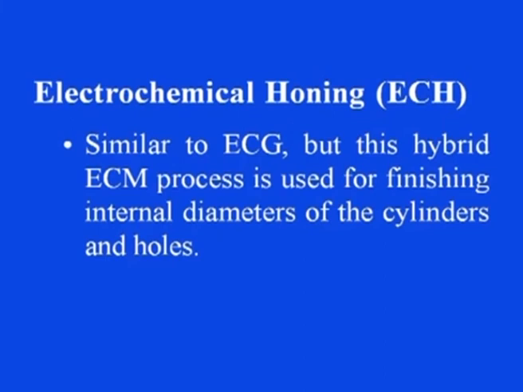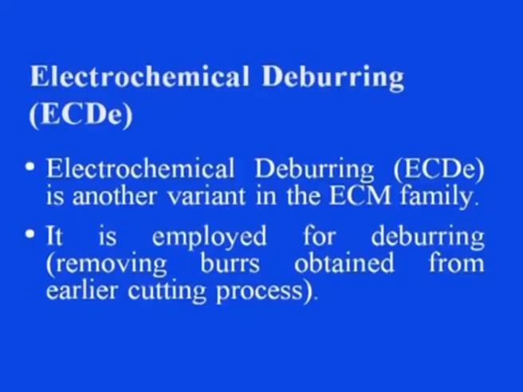Similar to ECG, this hybrid process is used for finishing internal diameters of cylinders and holes, whereas ECG is used for external surfaces basically, and ECH, electrochemical honing, is used mostly for finishing of internal surfaces.